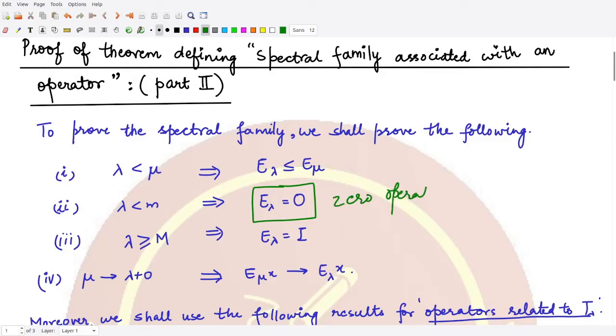This is what we wanted to prove in the second part. In the third part we wanted to prove that whenever lambda is greater than or equal to m, this projection operator is nothing but the identity operator. So let's move ahead and prove both of these parts.